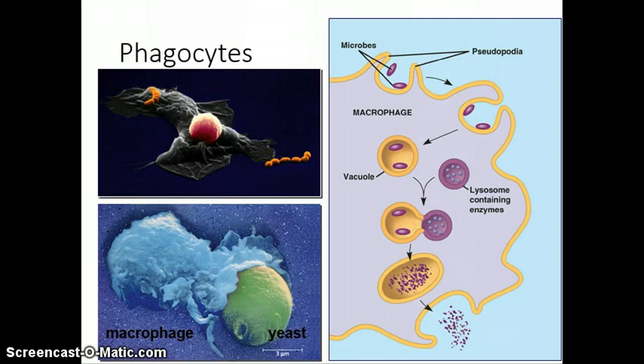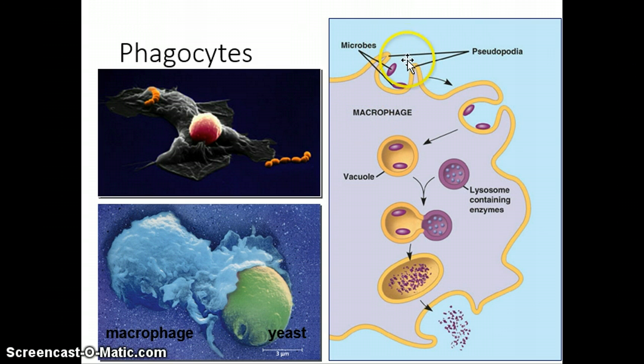These are some pictures of phagocytes. You can see here a macrophage that's attacking a fungus, a yeast down below. And you can see here how a macrophage will use its lysosomes to fuse with a vacuole containing a pathogen. Pathogens will be engulfed by the macrophage.